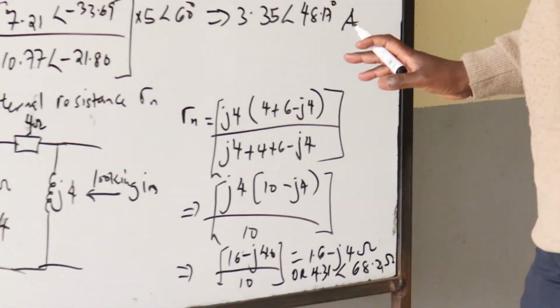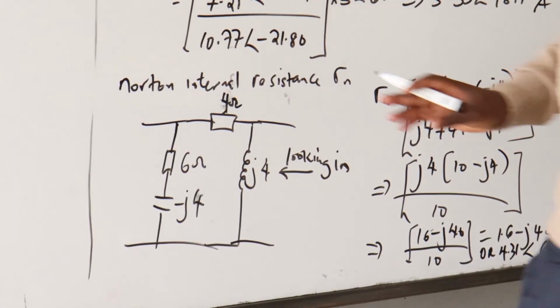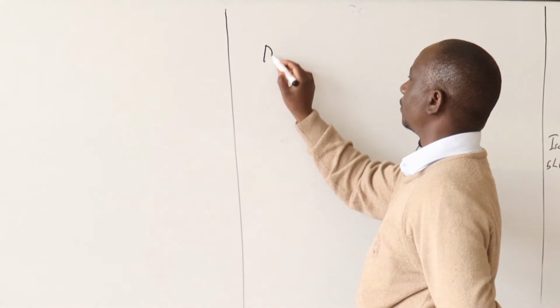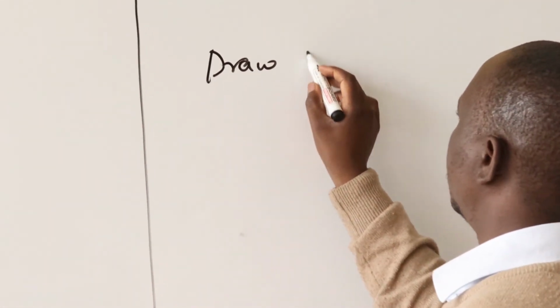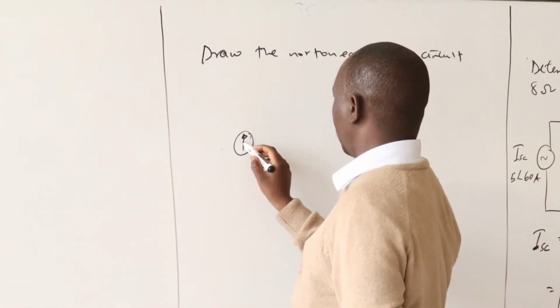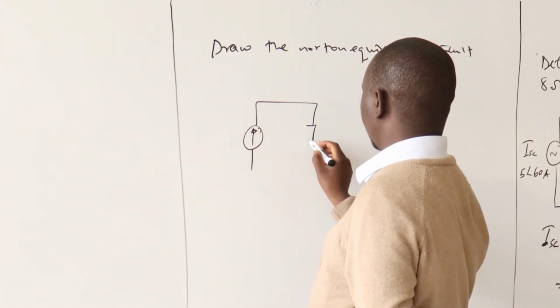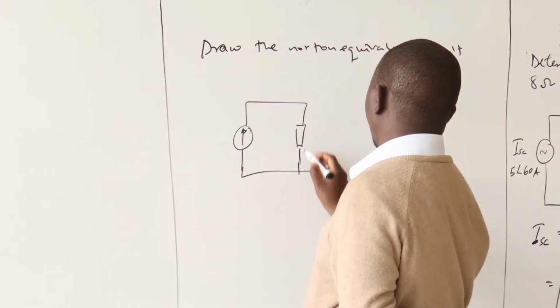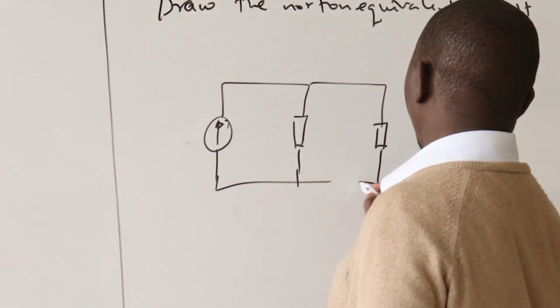So after determining the Norton, we draw the Norton's equivalent circuit. We shall have our current source in that manner. The circuit appears this way, and we shall have our load appearing as 8.